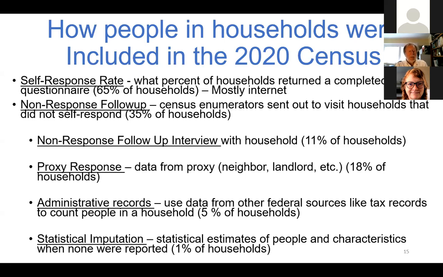And you can easily imagine that the quality of data from a proxy response is not nearly as good as from a self-response. So neighborhoods or areas that have a high level of proxy response probably have a low level of census data quality.